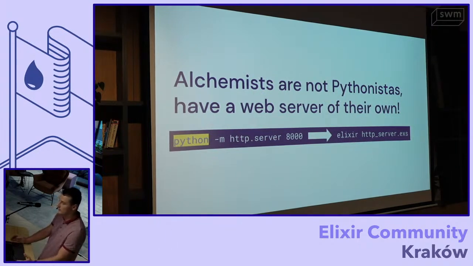And we have an existing HTTP server, so why don't we use it? I just wondered how hard it could be to replace the Python here with some Elixir equivalent. And as it turns out, it's pretty simple.